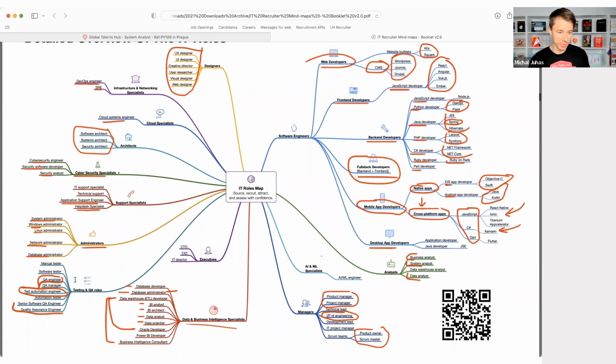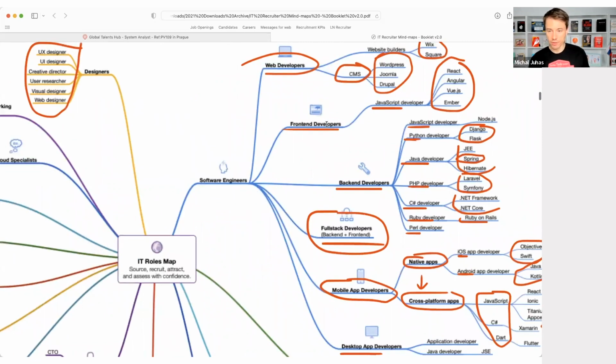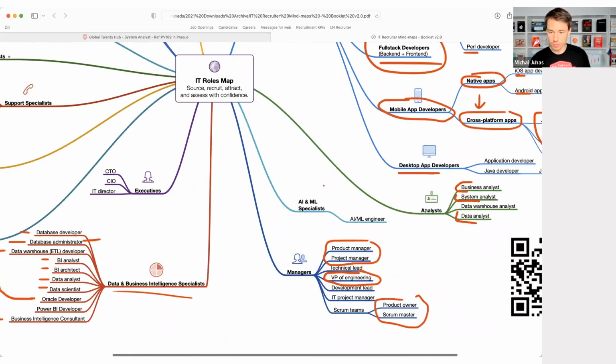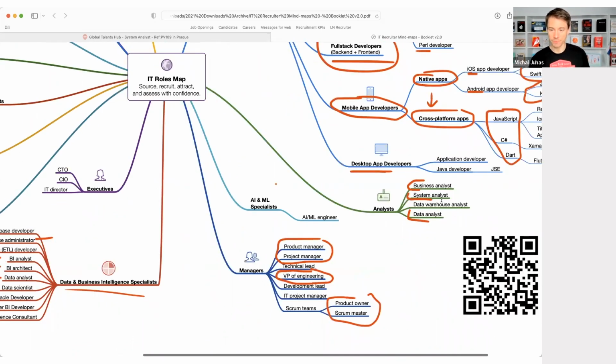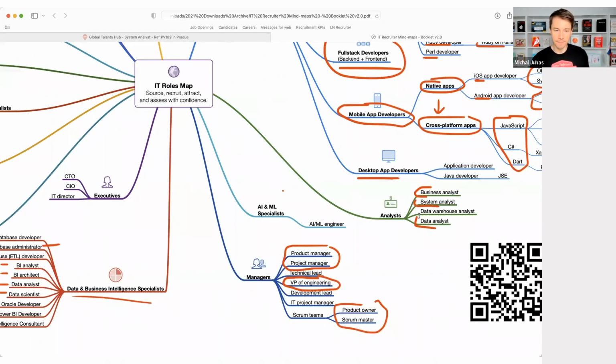But anyway, what we can see is the set of roles: software engineers, front-end, back-end engineers. There are a lot of these openings, but IT teams also need analysts. We can see them right here on the bottom: business analysts, system analysts, data warehouse analysts, or data analysts.